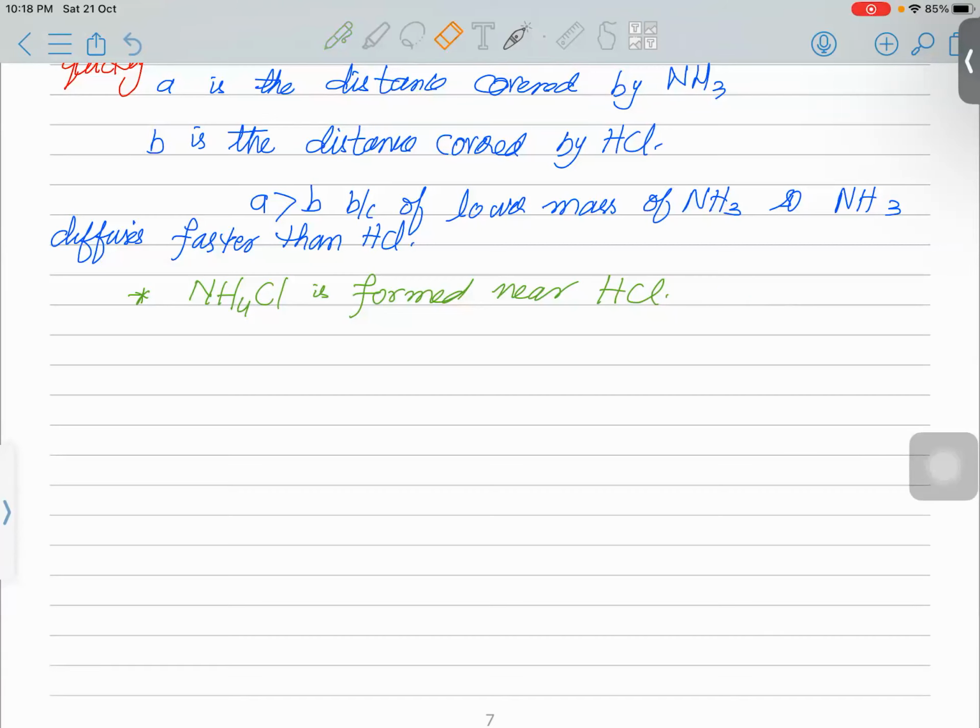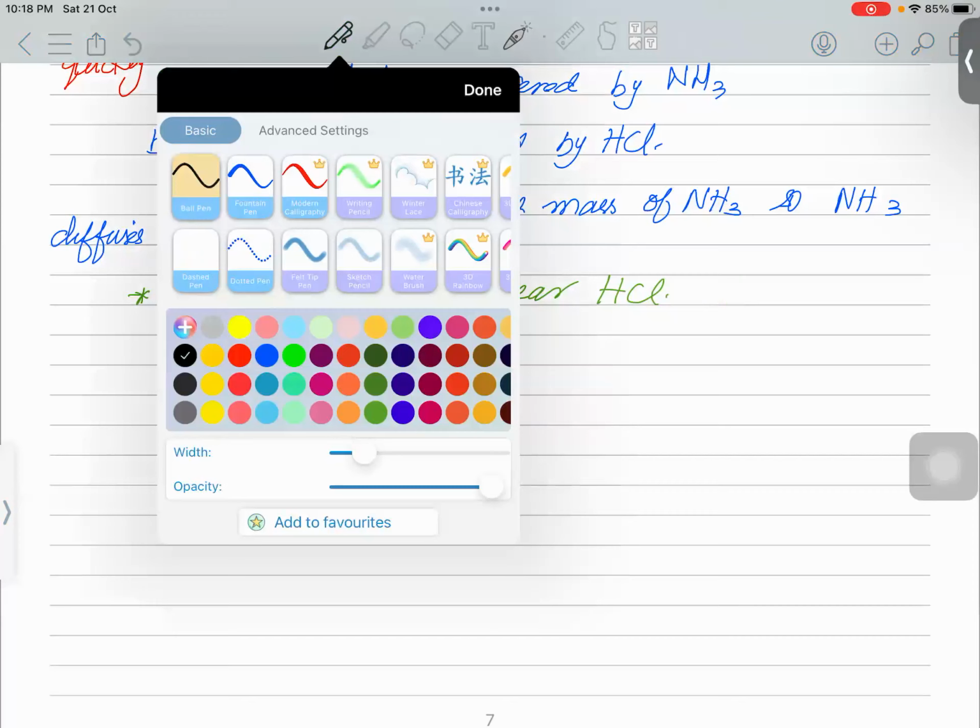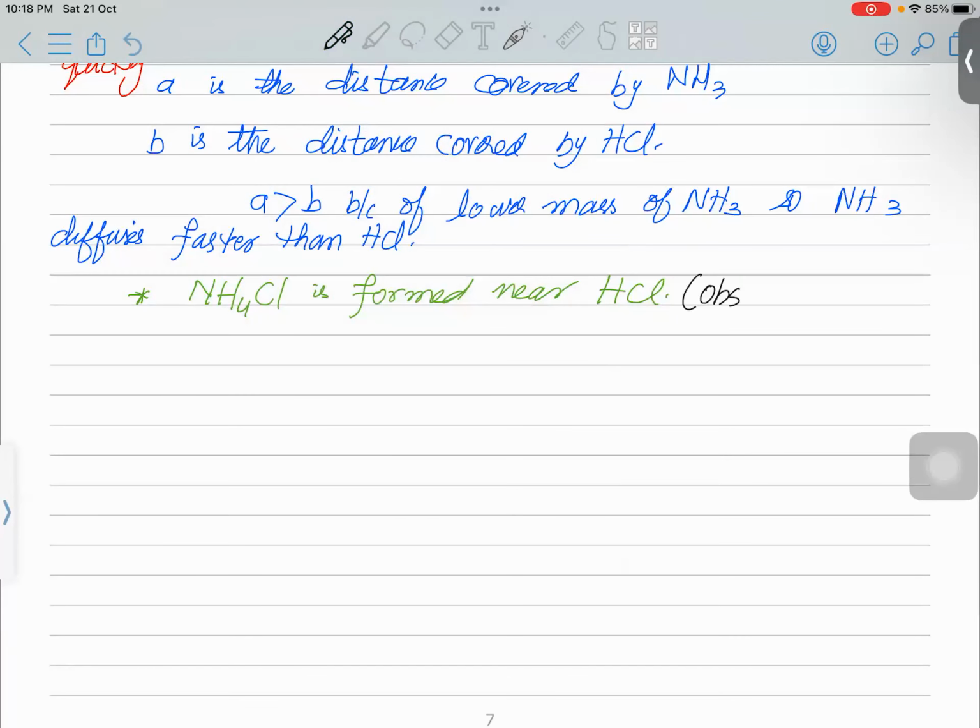Observation. White solid deposit near HCl. Next point.